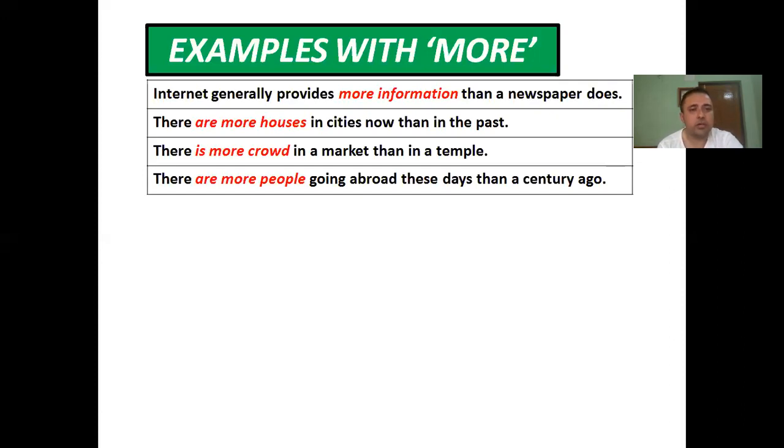There is more crowd. Now crowd is singular, uncountable, so it will take a singular verb like is. But if you're talking about people, which is plural, you will have to use the verb accordingly. There are more people. All right, I hope things are clear to you now about making comparisons, and I'm sure that's going to be of great use for you in your IELTS test.